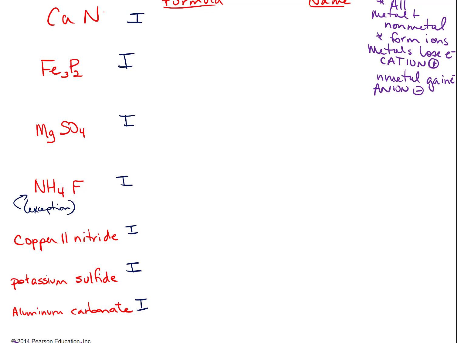So whether you're looking at a name or if you're looking at a formula, that's really all you have to look for. So in this, remember that the formula tells you the number of each, and it's always a defined number. You don't have to use number prefixes with these. You just use the whole name of the metal, first part of the nonmetal, plus IDE. So this is calcium nitride.